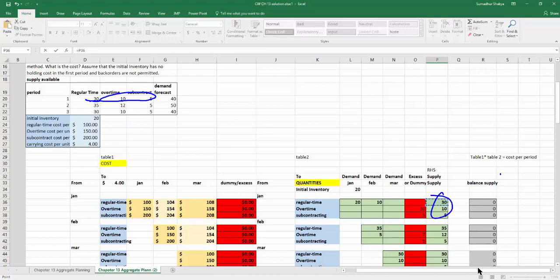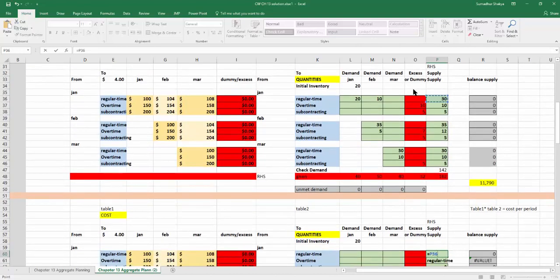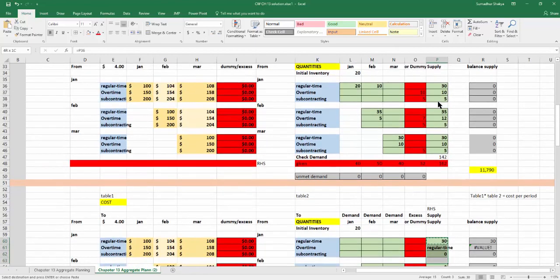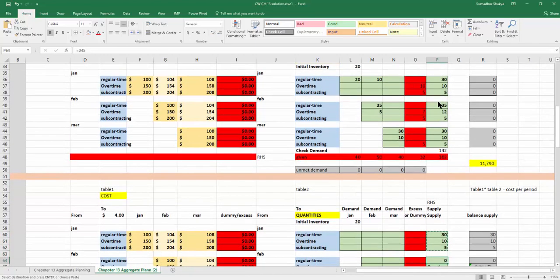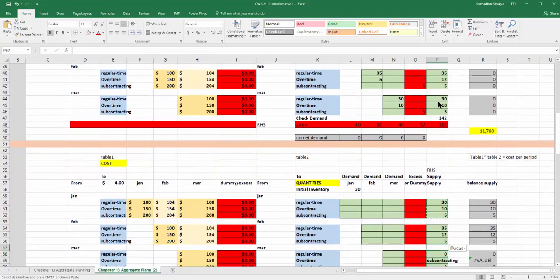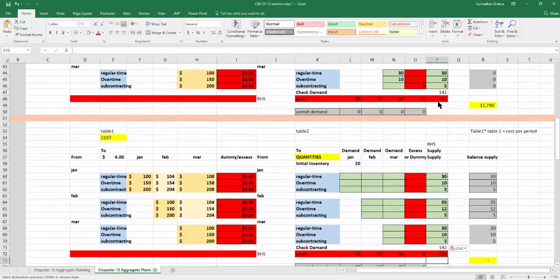Instead of scrolling my spreadsheet again and again, I'm just making them equals to the nearest given number. So these numbers are given to us. There's no uncertainty about it.